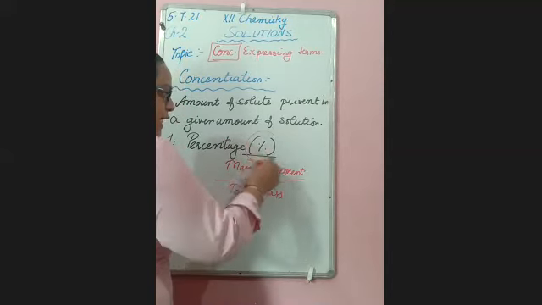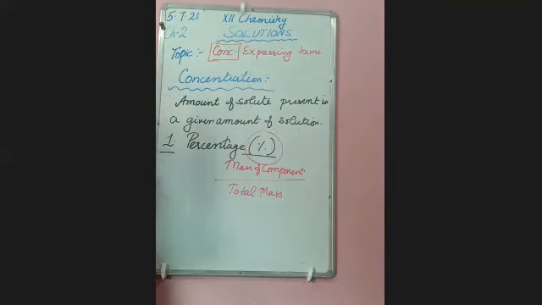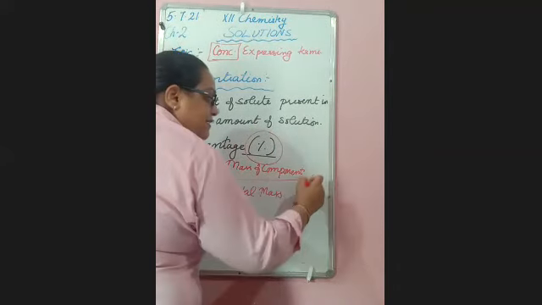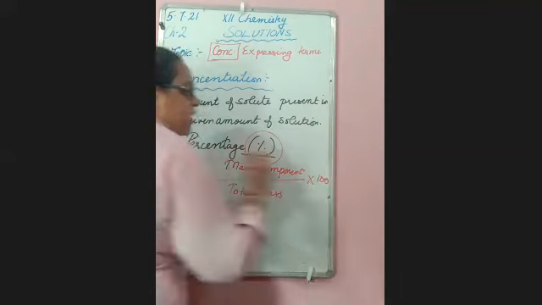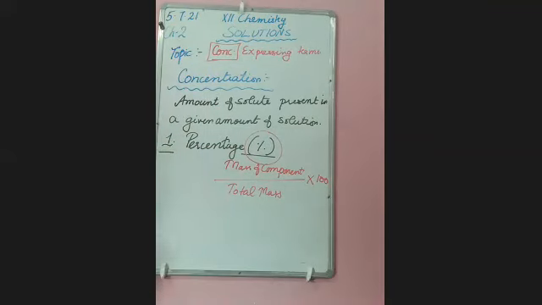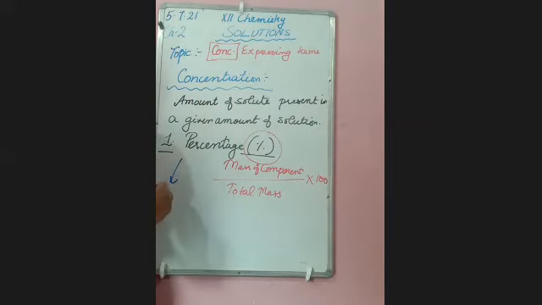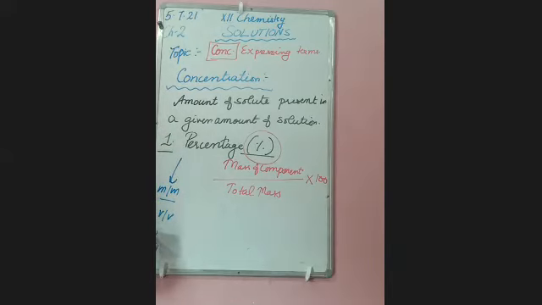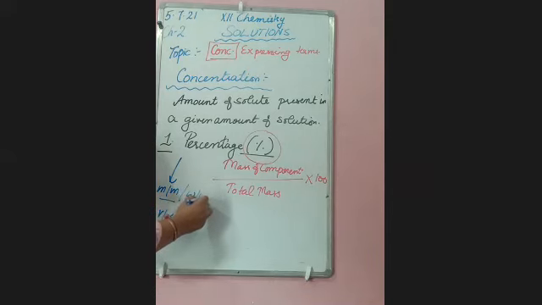It is percentage, which means it should be multiplied by 100. Okay? It can be expressed like M by M, V by V, or M by V. In some books, you will get W by W, V by V, or W by V.